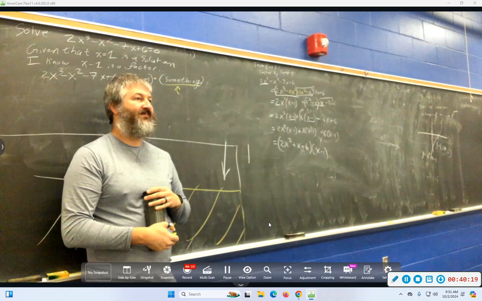The algorithm from here is take this 2, multiply it by the 1, put it there, and now add that column. That corresponds to that 1x squared that shows up. So take that 1, I'll put it right here. 1 times 1 is 1. Negative 7 plus 1 is negative 6.